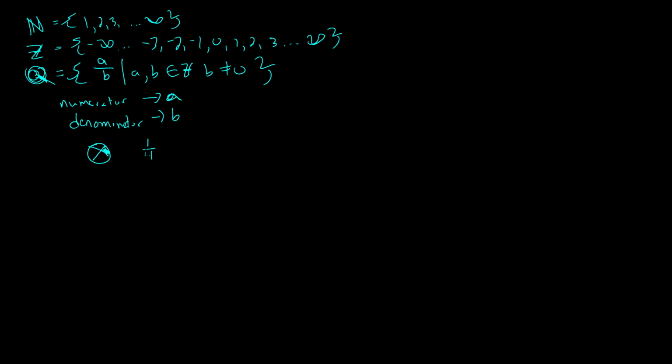Now, what we want to do with rational numbers is we want to reduce them. We want to get them into a unique form or a simplified form. And so we have these numbers that are made by a division. A over B is a division, and it's also a fraction.